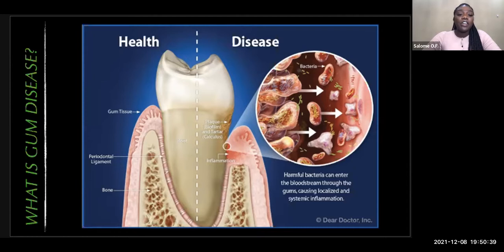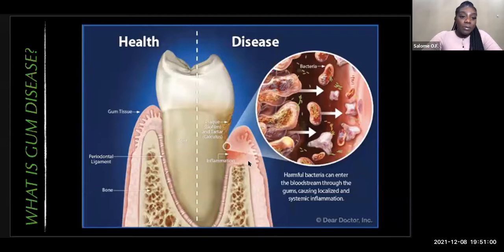Many may have heard the word tartar, and that's basically plaque that has gotten very hard. Sometimes when you're brushing your teeth or flossing, it splatters on your bathroom mirror, and after a while it gets very hard. That's exactly what happens with our teeth with plaque and tartar accumulation.